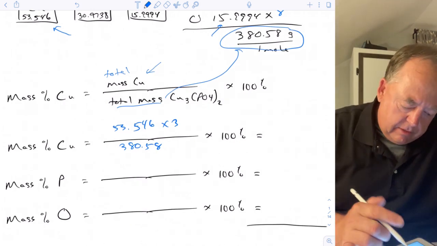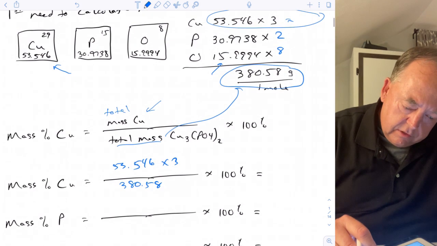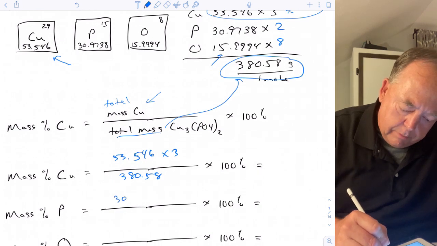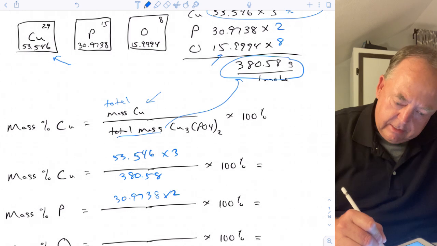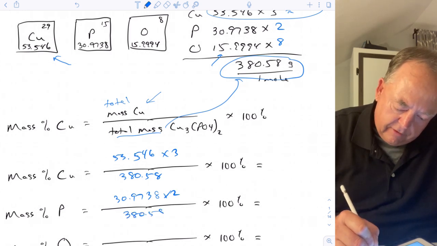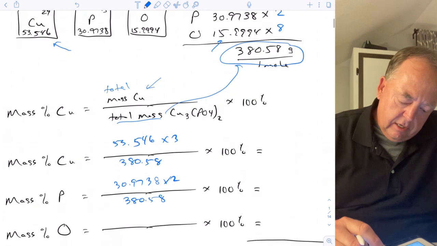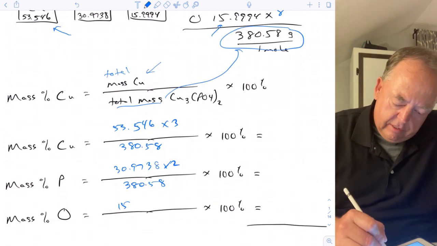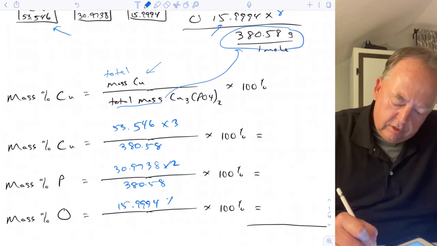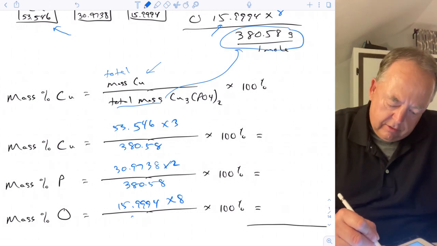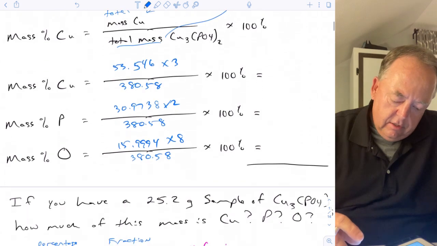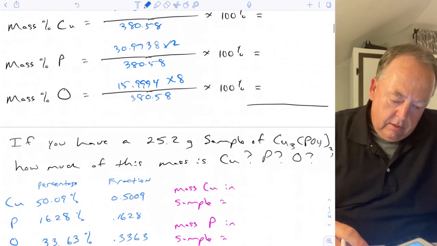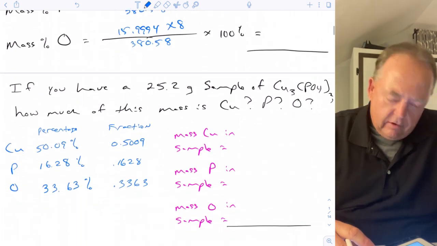Okay, let me calculate these in a minute. So for phosphorus, 30.9738 times 2 is the total mass of phosphorus, divided by the total, 380.58, times 100%. And then oxygen is 15.9994 times the 8 oxygens, divided by 380.58, times 100%. And I don't have to calculate it because I have it right here.